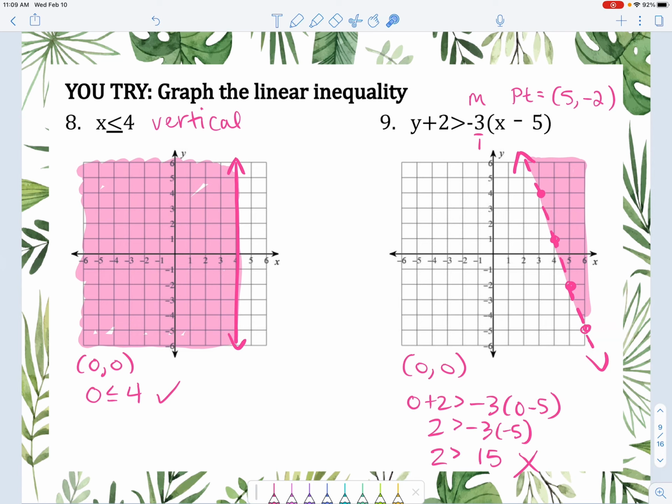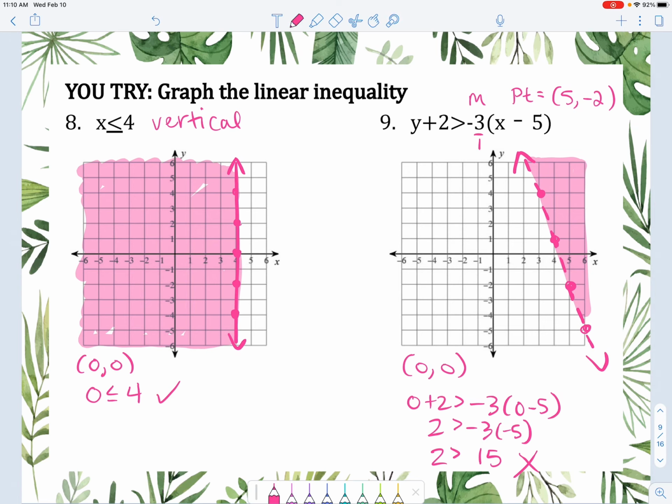Number 8 is a vertical line that has an x-intercept at 4. So the way you would start it is you would start by plotting some points, right? And before you connect the points, you would look at the symbol. Since this has a bar underneath my symbol, I connected with a solid line, and then I just used the ordered pair 0, 0 for my test.